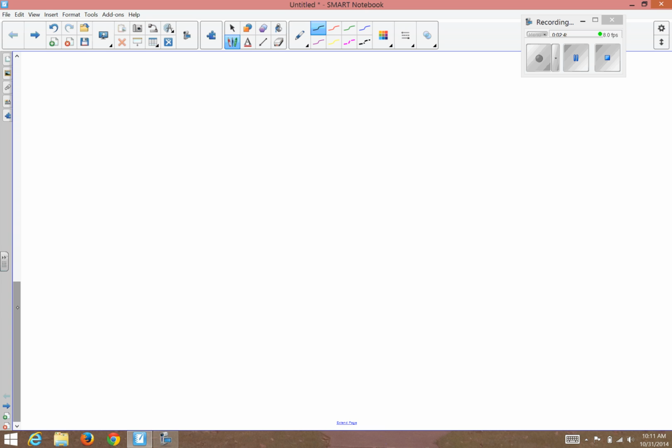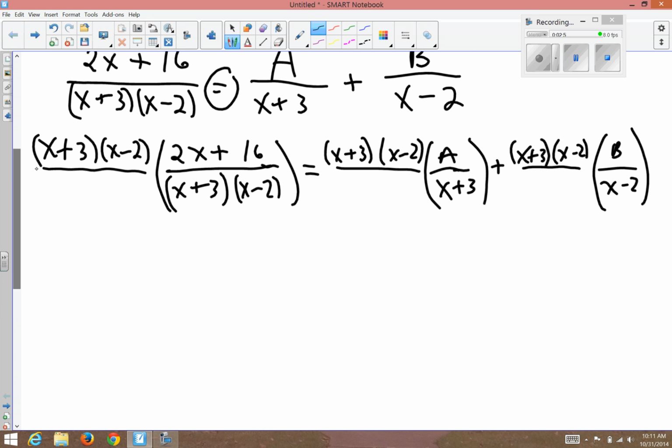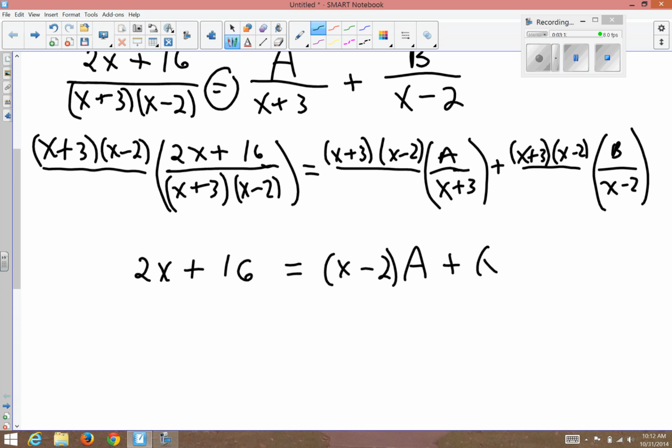And now what we have is an equation that won't have any fractions, because the left side of the equal sign is just 2x plus 16. The right side of the equal sign is x minus 2 in parentheses times a plus x plus 3 times b, because of this yellow.